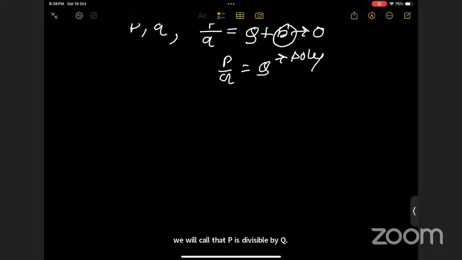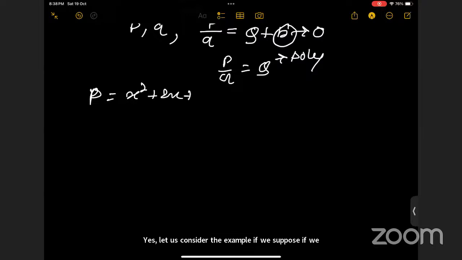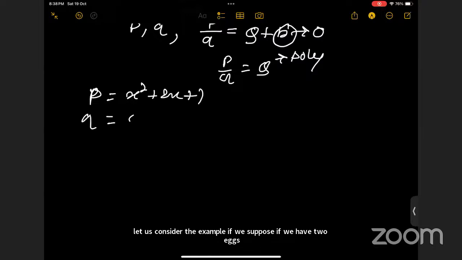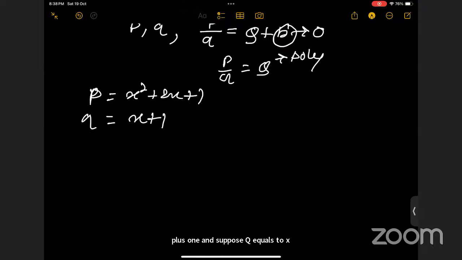For your convenience, let us consider an example. If we have P equals 2x plus 1 and suppose Q equals x plus 1, then what will be P by Q? X plus 1. Yeah. So this x plus 1 is a polynomial.